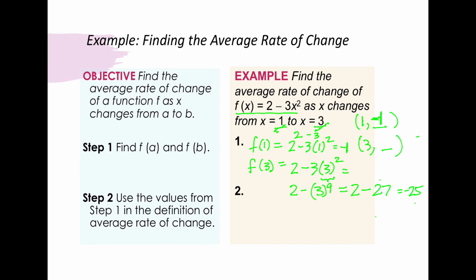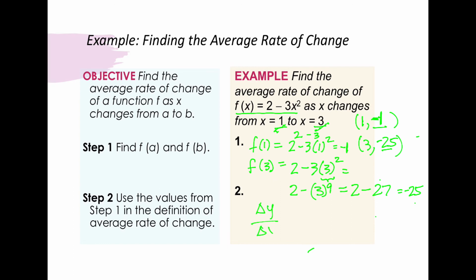So 3 results in negative 25. There's a big dip there in our graph going from 1 to 3. We start out at negative 1, and then by the time we get to x equal to 3, we're at negative 25.